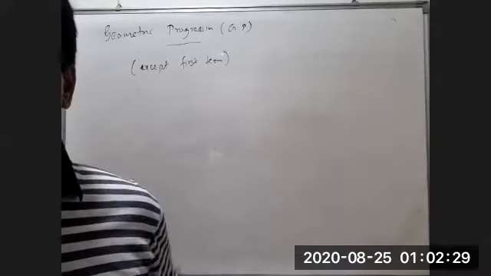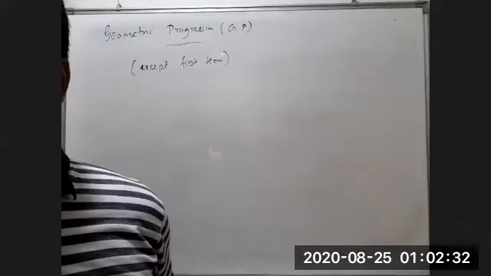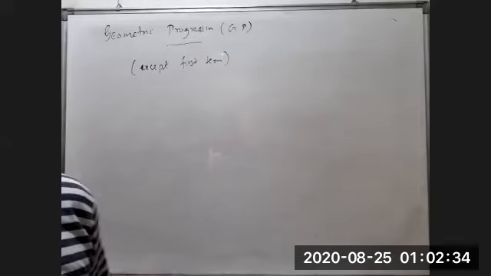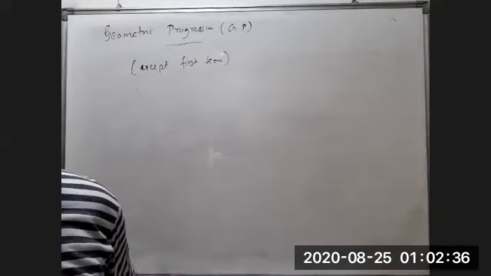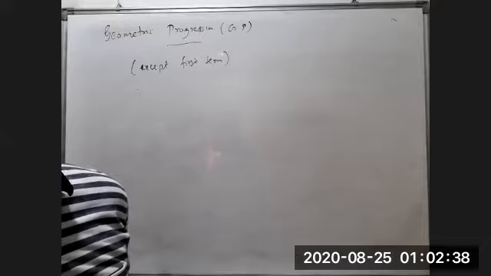So GP is a sequence where all the terms except the first term is obtained by multiplying a fixed number to the previous term.